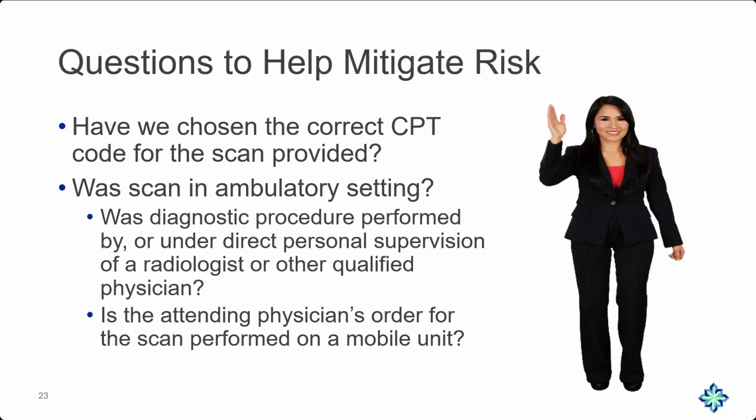If there was contrast, did you report the contrast code? Was the scan performed? If it was in an ambulatory setting, then further questions to ask. Was a diagnostic procedure performed by or under the direct personal supervision of a radiologist or other qualified physician? Is the attending physician order for the scan performed, for the mobile unit?